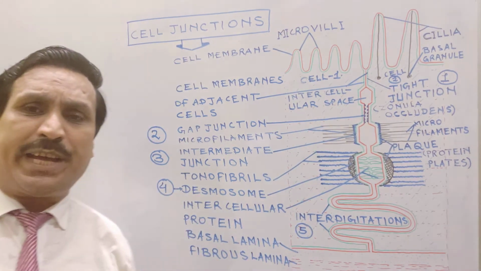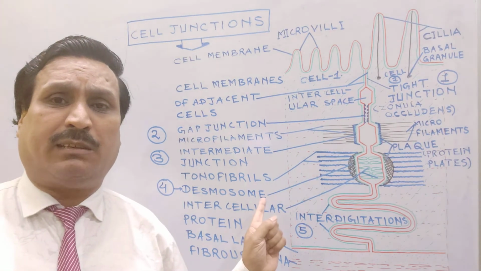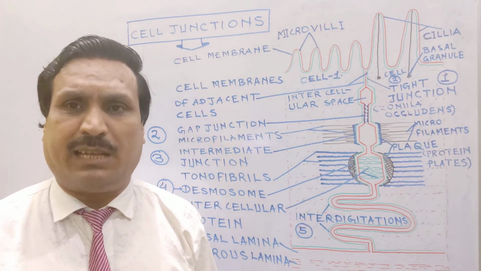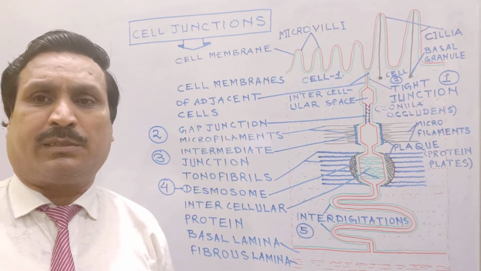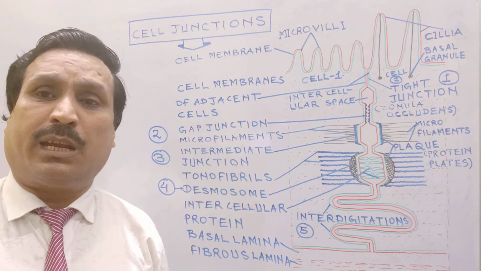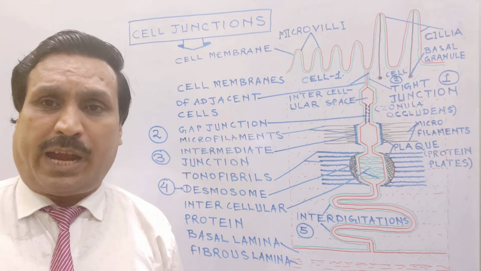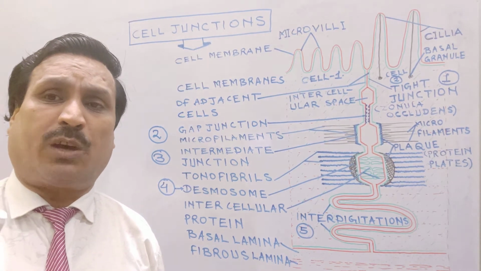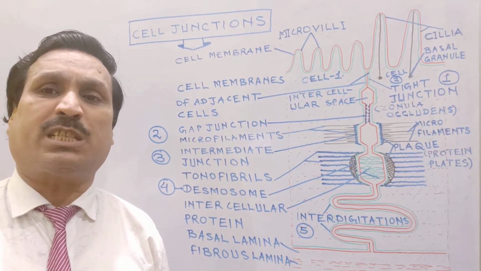This gap junction is very important, and it is not present only between the epithelial cells. It is also present between the cells of single unit smooth muscles. And in between the cells of single unit smooth muscles, exchange of particles takes place.